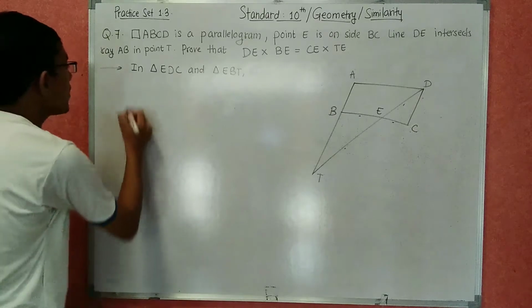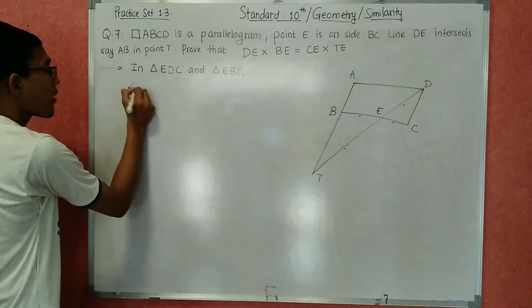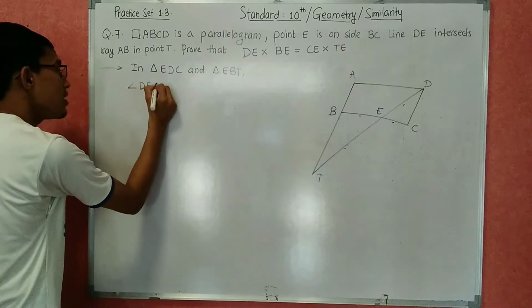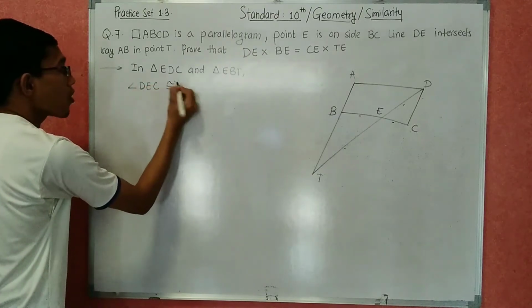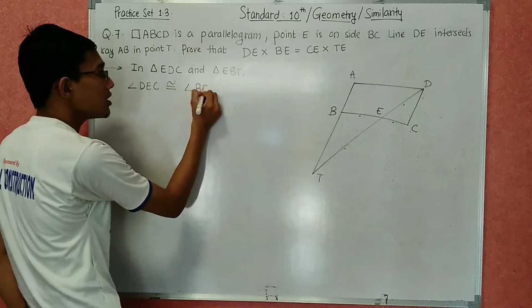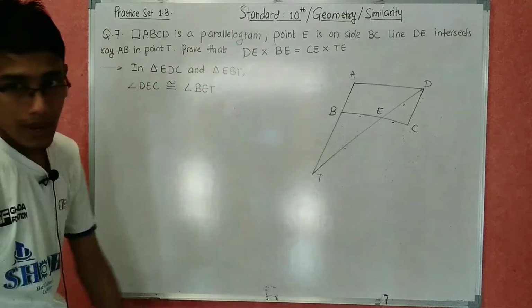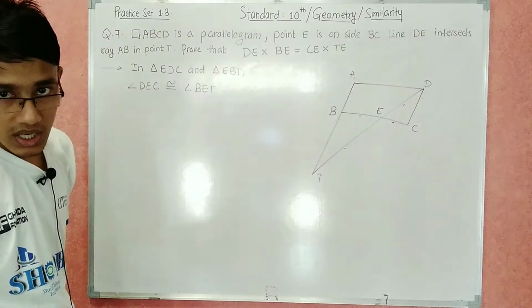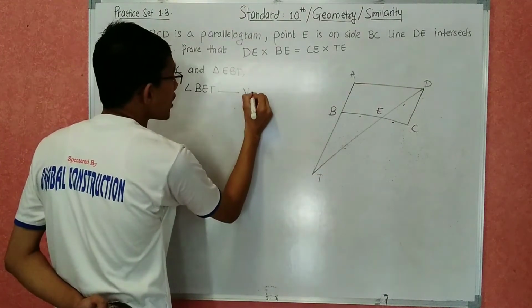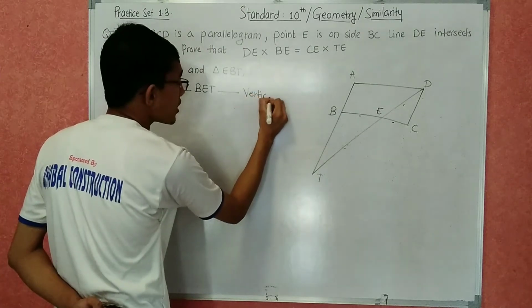Then we know angle DEC is congruent to angle BET. And what is the reason? Those are vertically opposite angles.